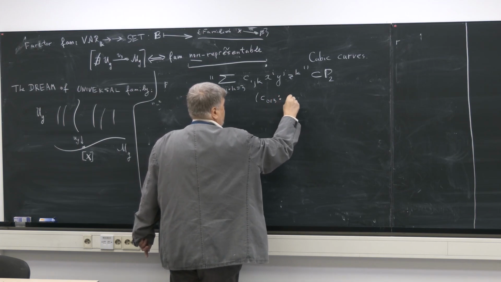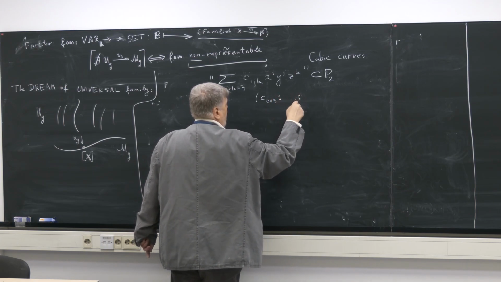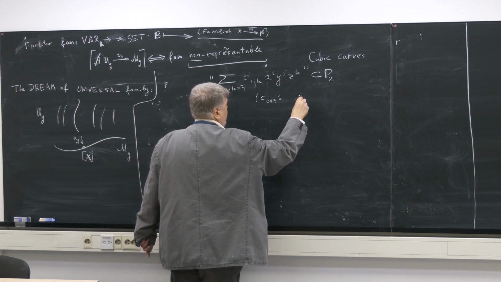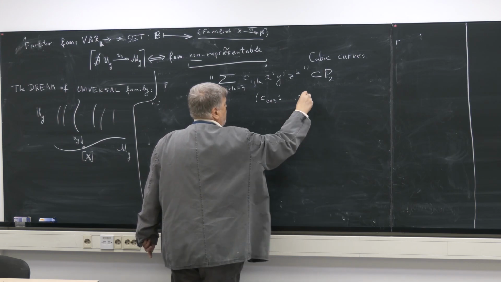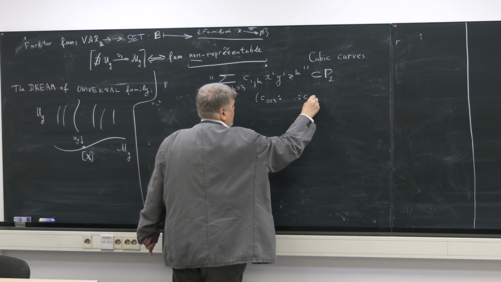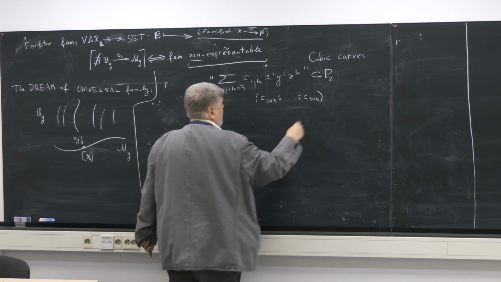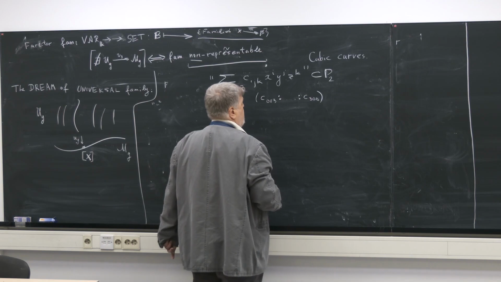So these coefficients are defined up to a common proportionality. There are 10 of them.